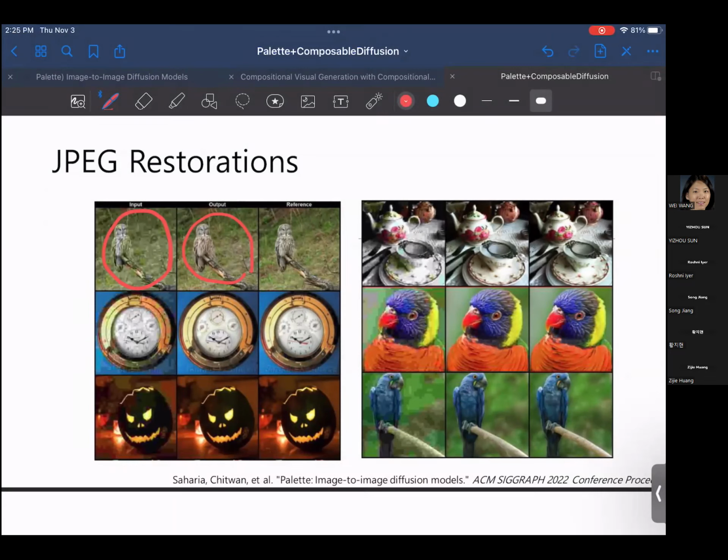Then in that case, how do I know I am doing super resolution rather than, let's say, uncropping? Why do I make this image higher resolution rather than generate other stuff, say to the left or to the right of it?